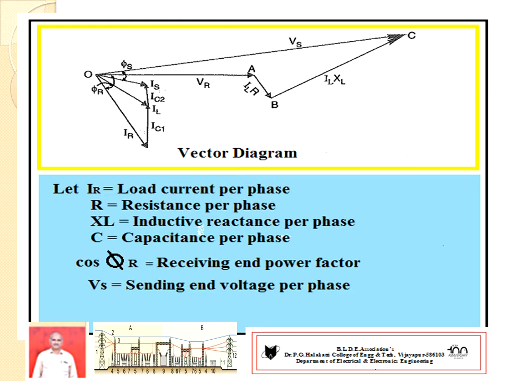Then you add the impedance drop of the transmission line to Vr to get Vs. First add IL into R, the resistive drop of the line. This line AB is not parallel to IR but to the line current IL. Then IL into XL, the inductive drop, is added, perpendicular to the IL into R drop, and we get the point C.